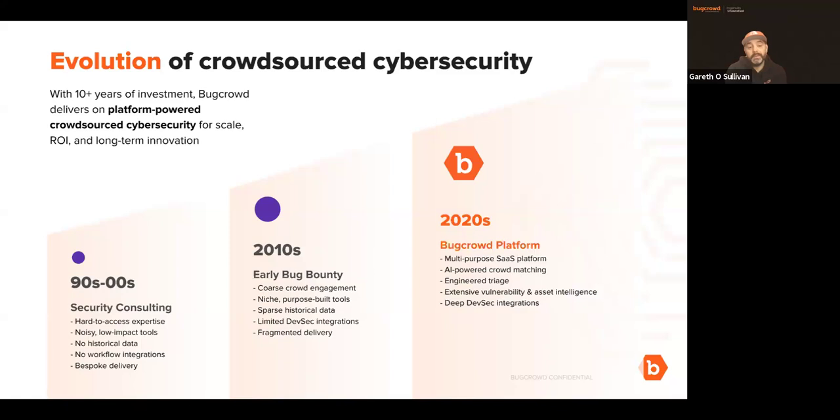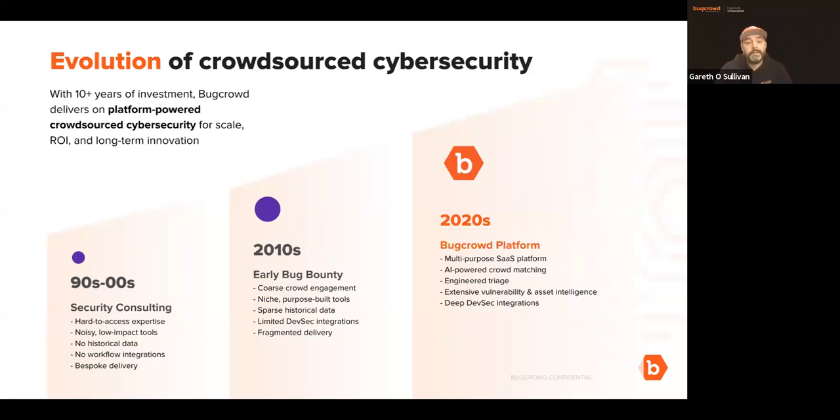It was very early, so there was limited historical data, integrations and tooling. DevSecOps didn't exist back in the 90s and early noughties, so integrating and consuming the results in an easy way was difficult. It was often a bespoke delivery, so you had to go through a fairly detailed scoping effort and maybe quite a long lead time in order to run those types of consultancy programs.